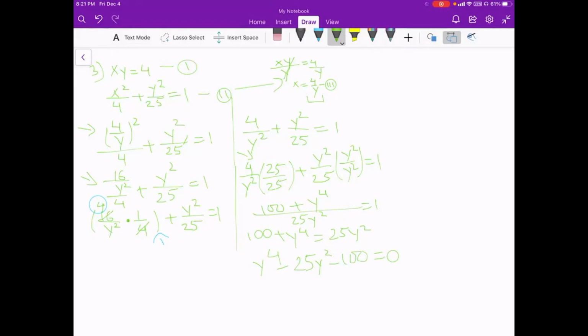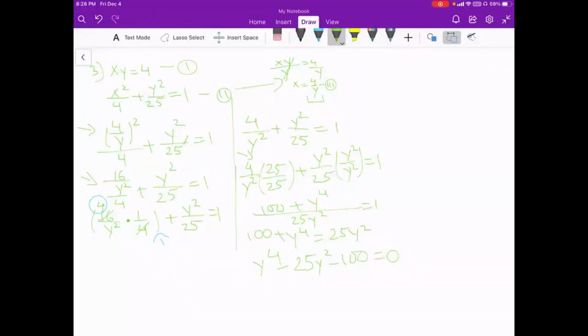So I'm going to work with it the same way I would if I had a quadratic equation in there. So I go ahead and find the two numbers that will multiply to negative 100. And if I add those same two numbers, they will add to negative 25.